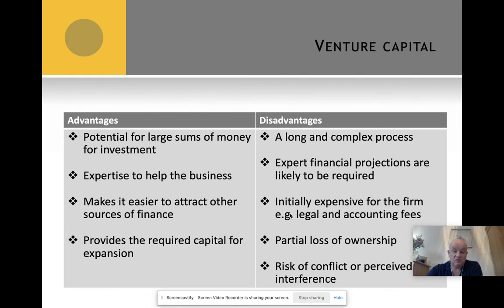However, there are some disadvantages too. It's quite a long and complex process. You're probably going to need to be quite good at putting a business plan together, because how often do you watch Dragon's Den and the people being challenged on the figures don't know their figures or their financial projections?